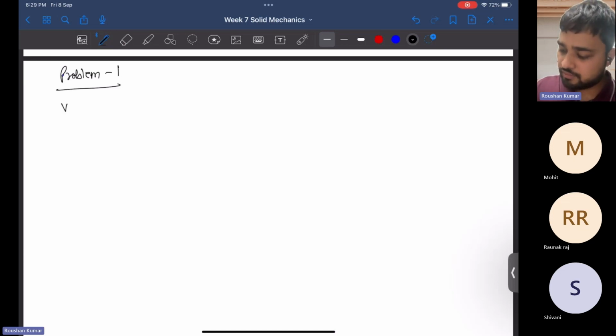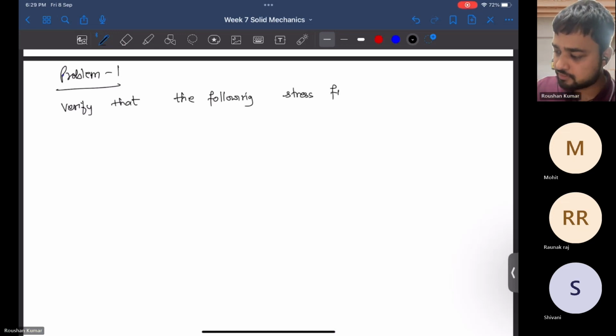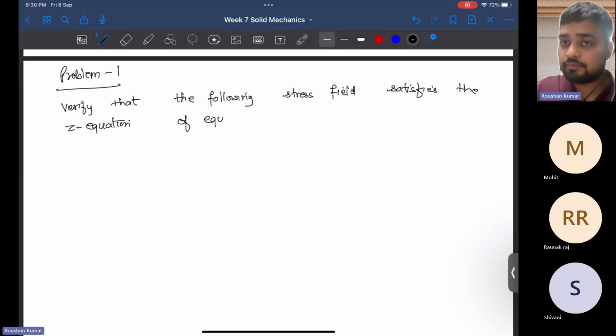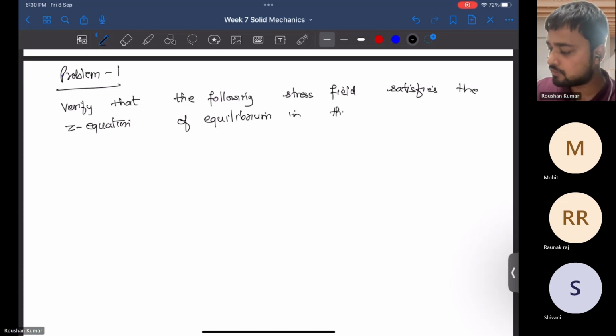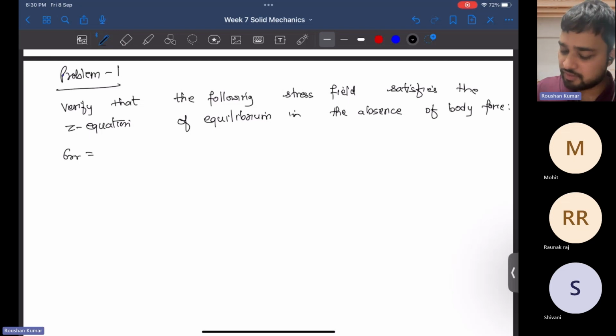The question is: verify that the following stress field satisfies the Z equation of equilibrium in the absence of body force. The stress sigma r is given as A times Z by r cube minus 3r square Z upon r to the power 5.